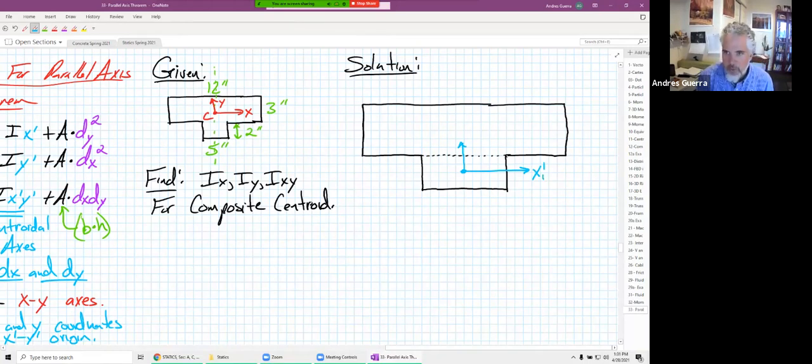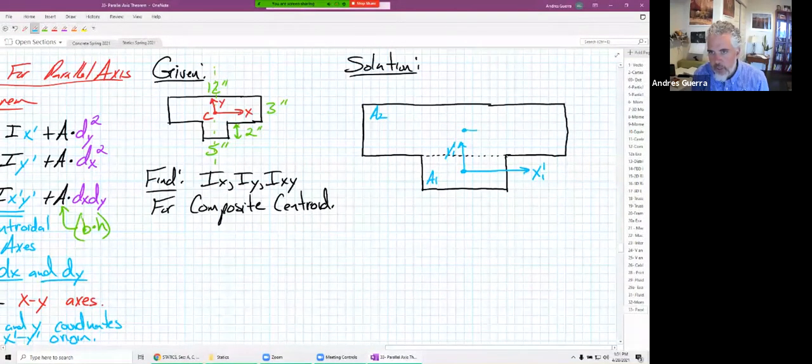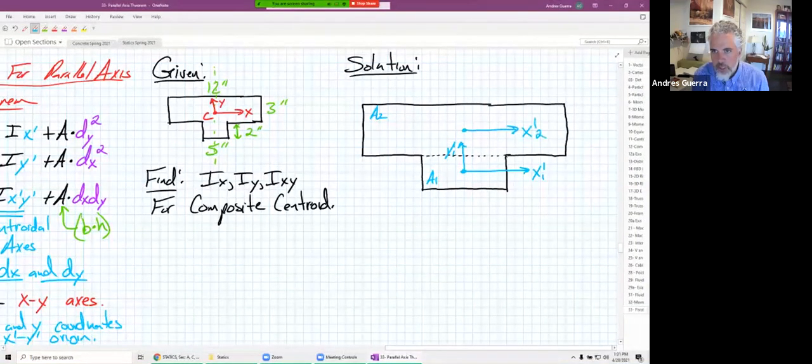I'm going to call it X prime 1, and this would be a Y prime 1. And that's the centroid of that first area. So we're going to call this one A1. And then this bigger area up here, we'll call that A2. And A2, the centroid would be right there. And so we would have an X prime 2 and a Y prime 2.